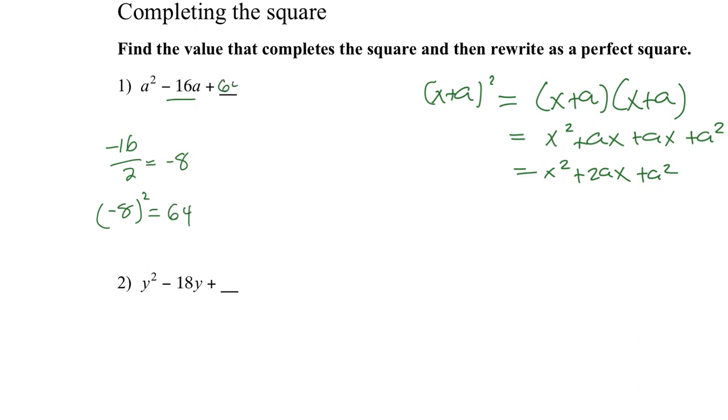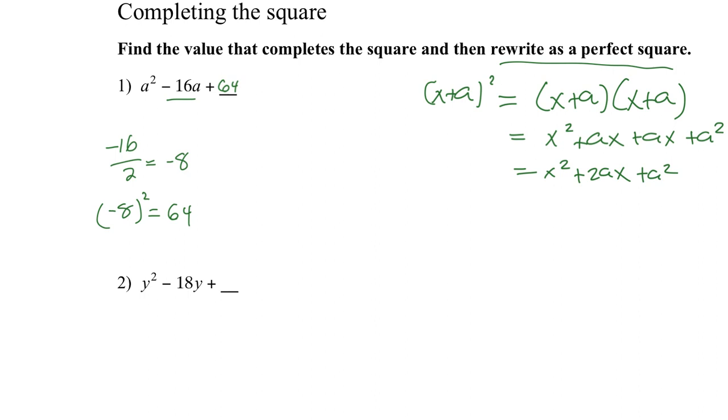Keep in mind that this number that I'm adding here completes this to a perfect trinomial. This number is always going to be positive because I'm squaring. So negative 8 squared is positive 64. Now it's asking me to rewrite it as a perfect square, so I just want something like this.